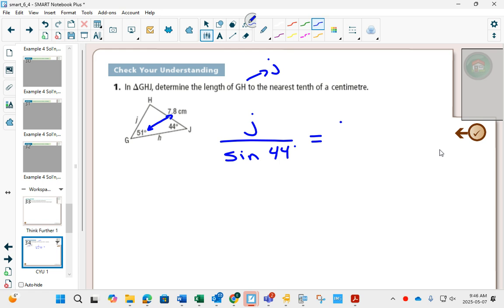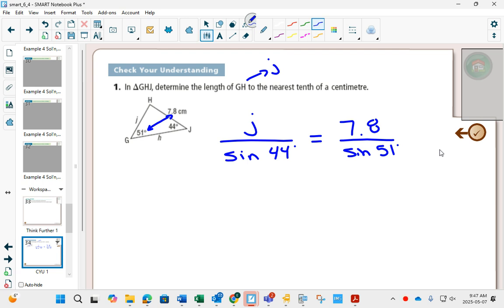I'm putting the sides on the top, so I'll put 7.8 on the top, and that goes with 51. So I'm not really using the letters at all in the formula. I'm just using the idea of the formula, that angles go with opposite sides. Whatever you want to solve for, write that in the numerator first, and everything else will fall into place.